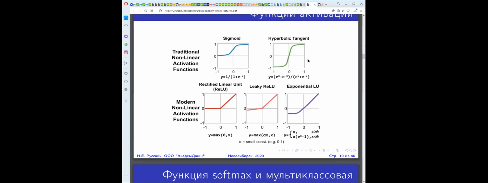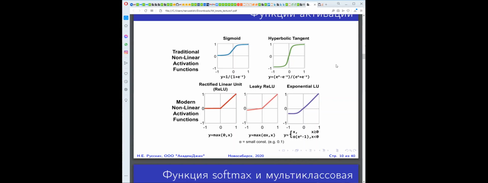But step activation is not differentiable: it's either non-differentiable at zero or has a zero gradient elsewhere, and we would like to apply gradient methods, so it's no good.